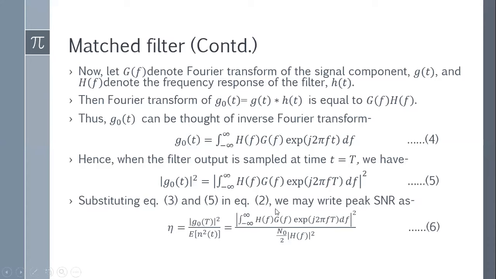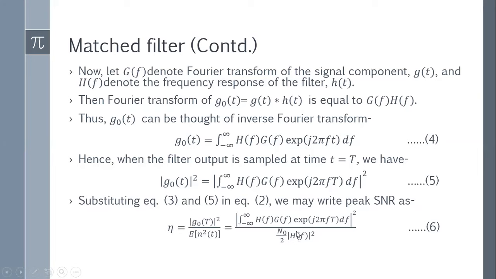Now I have to find the value of H so that it makes this signal to noise ratio maximum. Here everything is known. G(f) is known, T is known, N0 we don't know, but we have approximated all the values. What is unknown is H(f).